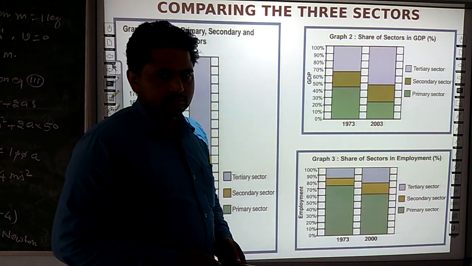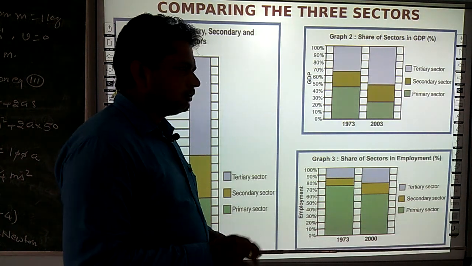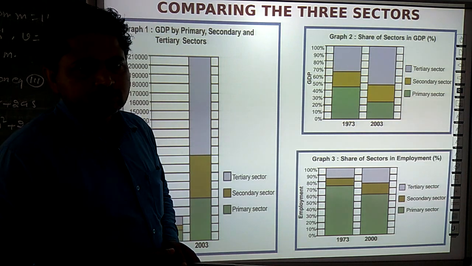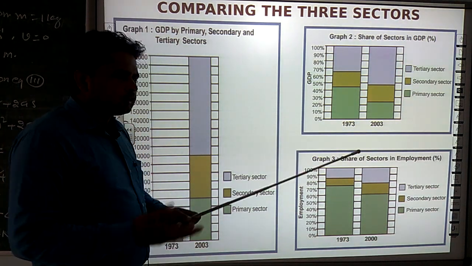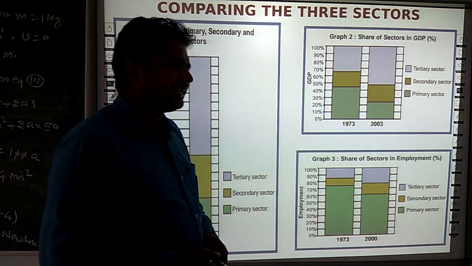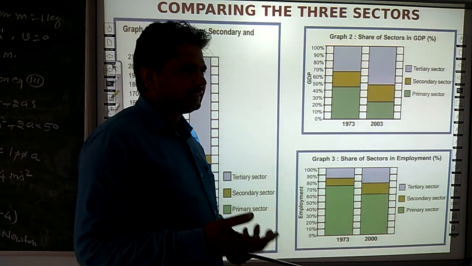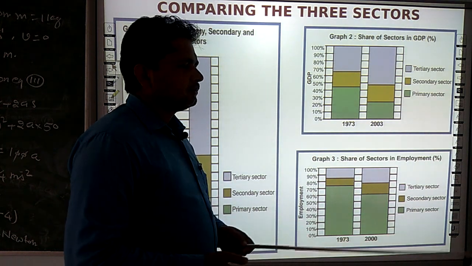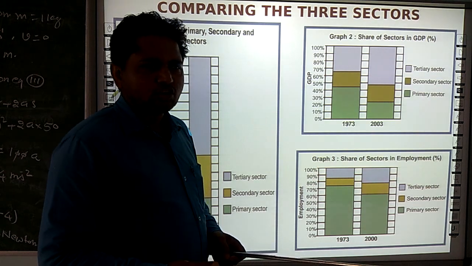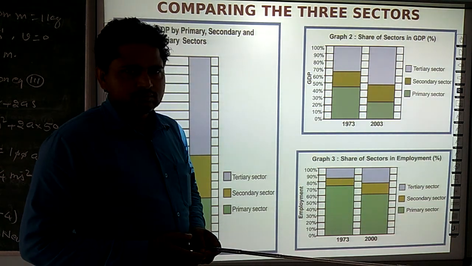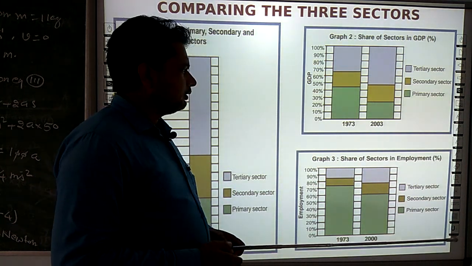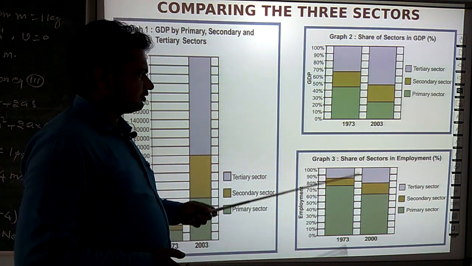Other people shifted to the secondary or tertiary sector. As you see, even in your villages or towns, most of the people forgo agricultural work and get involved in the secondary and tertiary sectors. Like they started managing shops, or even started to provide various types of facilities to the people as professionals.